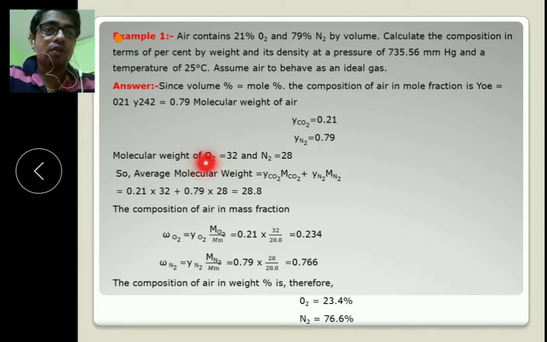And molecular weight of oxygen we know is 32, and molecular weight of nitrogen is 28. So average molecular weight by the formula y1 m1 plus y2 m2, we find it is 28.8.